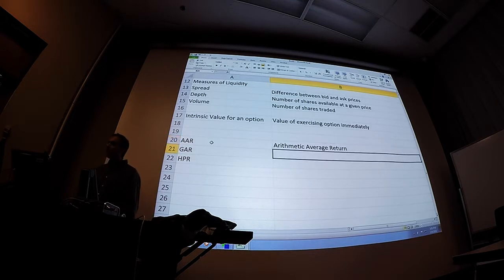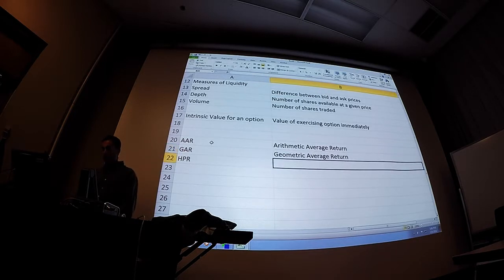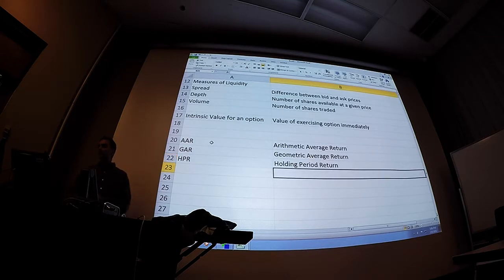AAR is the arithmetic average return. GAR stands for geometric average return. And HPR stands for holding period return. That's what those abbreviations stand for.